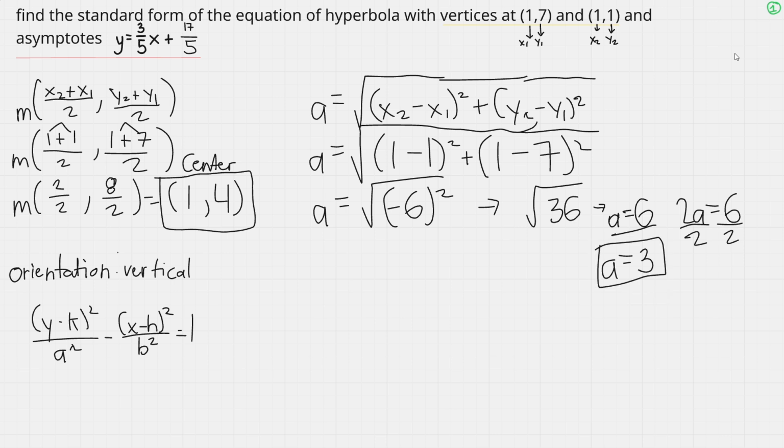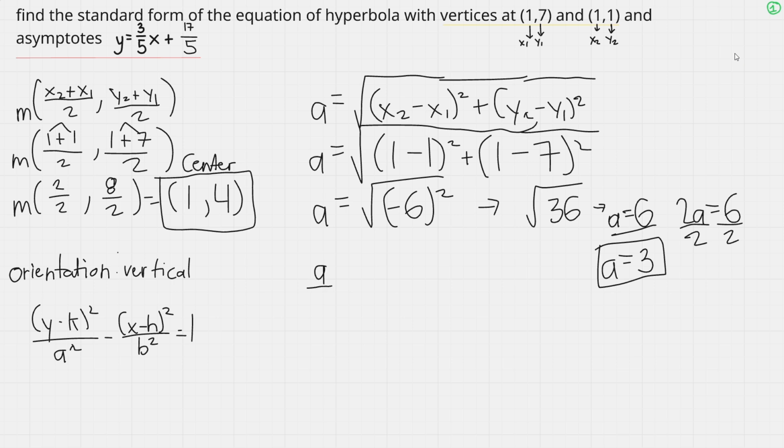Now we are given a. How are we going to find b? Using our asymptotes. From our asymptotes, if we remember, the equation of asymptotes in a vertical hyperbola will have a over b. So, in the middle term, we have 3 over 5. We need to equate this to a over b to get our b.